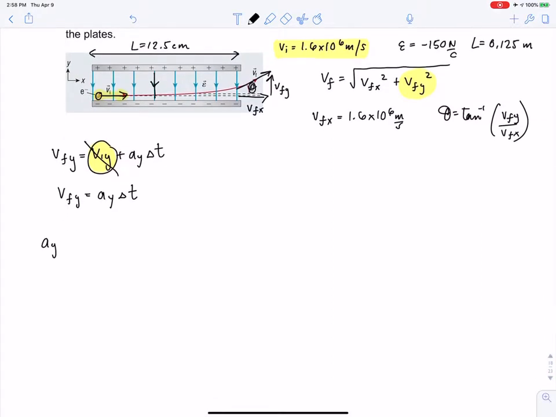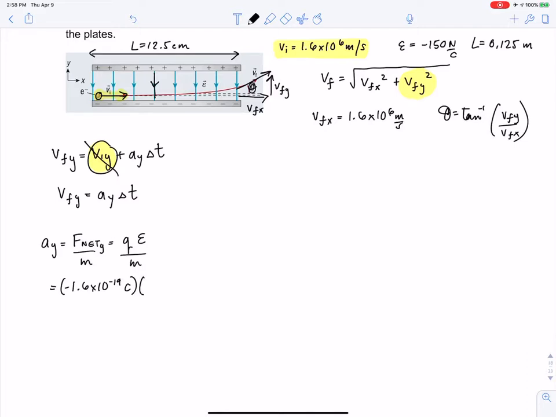The acceleration in the y direction is equal to the net force in the y direction divided by the mass. The net force in the y direction is equal to the force of the electric field, which is equal to Q times epsilon divided by mass. So we know the charge of the electron is negative 1.6 times 10 to the power of negative 19 coulombs.